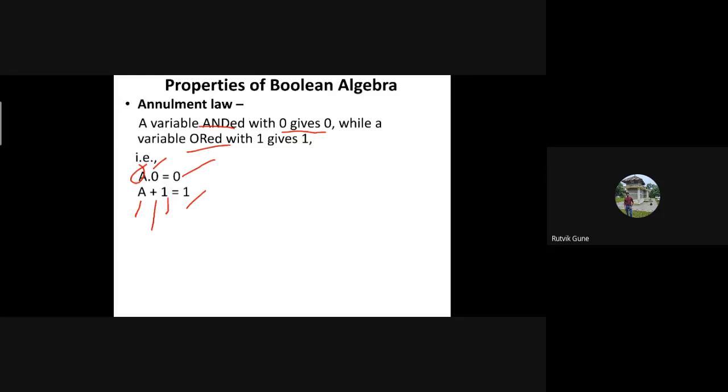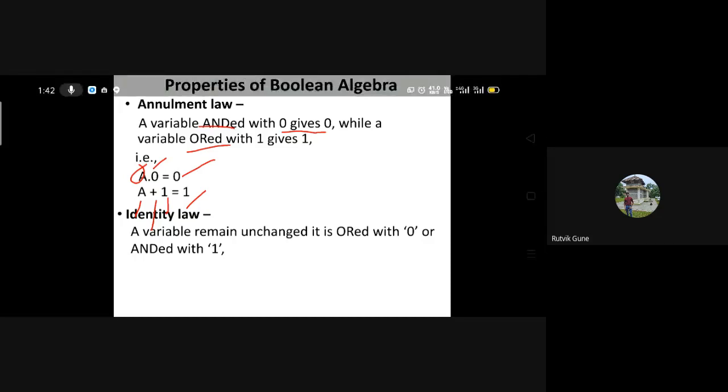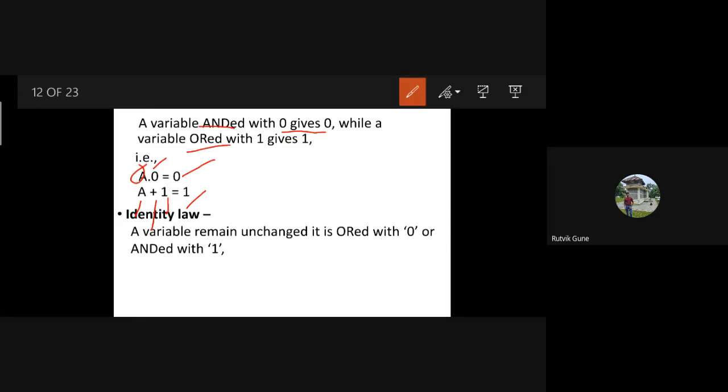Along with this, one more postulate is the identity law. The identity law states that a variable remains unchanged if it is ORed with 0, or ANDed with 1.